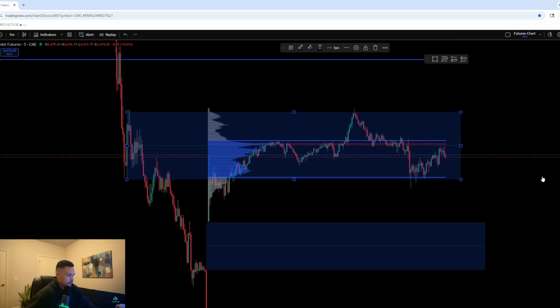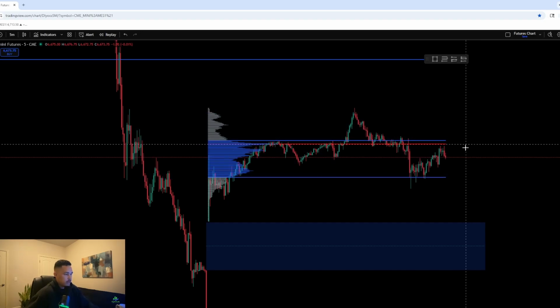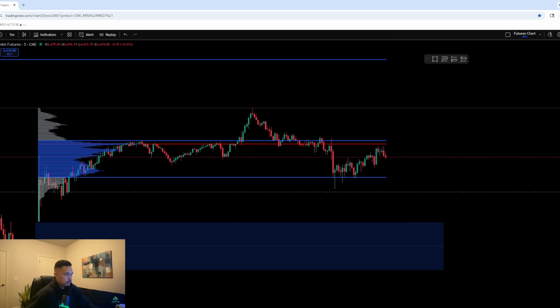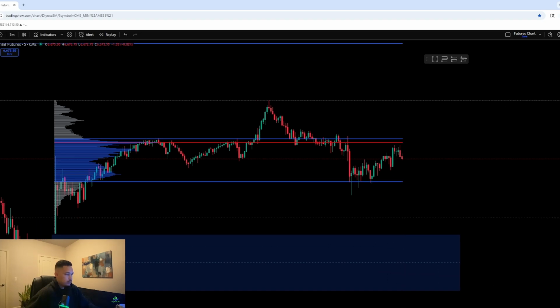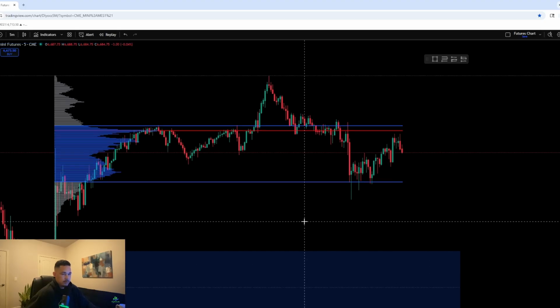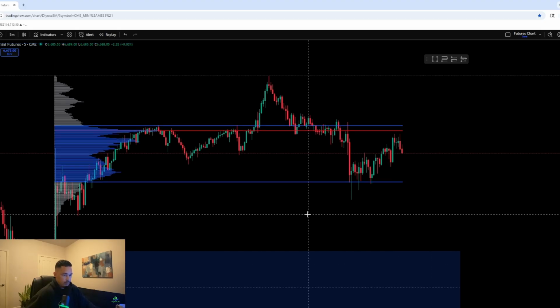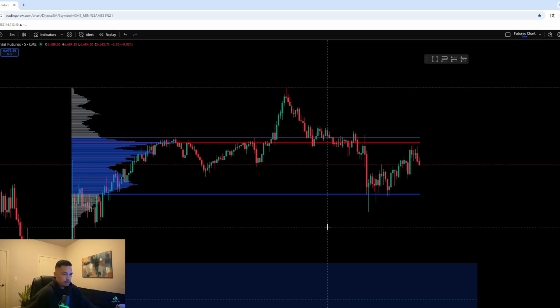So the main purpose of today is just to remain focused and stay patient. Any break that I do see, I definitely want to wait for a retracement and target a 1 to 2 risk to reward.